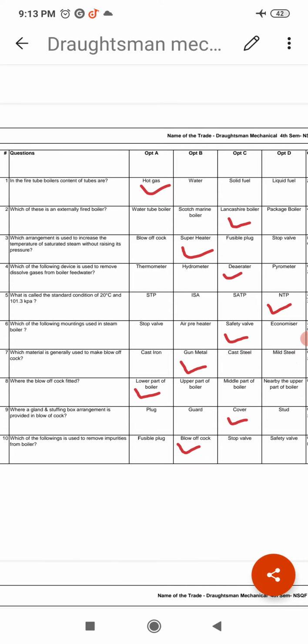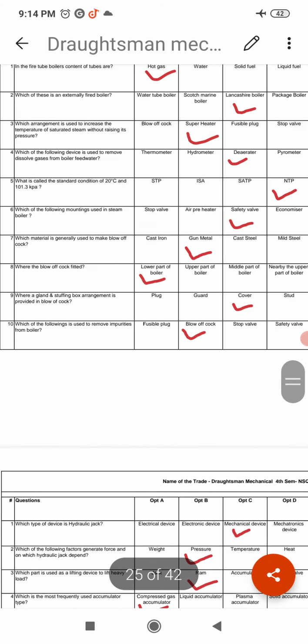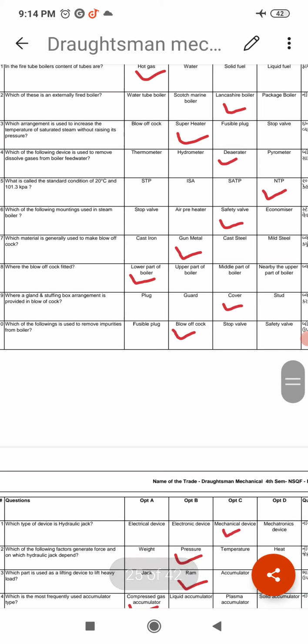Next, in fire tube boilers, the contents of the tubes are hot gas. Hot gas is contained in the tubes. Option A. Next, which of these is an externally fired boiler? Lancashire boiler. Option C. Next, which arrangement is used to increase the temperature of saturated steam without raising its pressure?